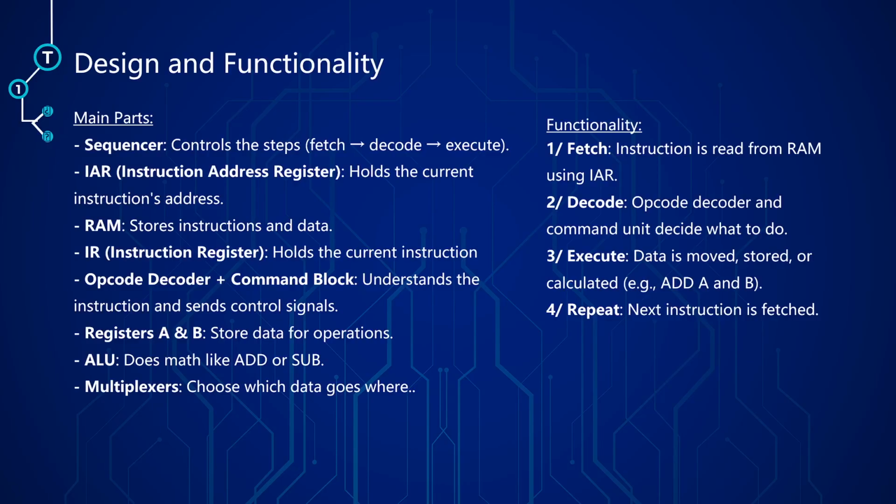The control unit is made up of the main parts: sequencer, instruction address register, RAM, instruction register, opcode decoder, command block, registers A and B, ALU, and multiplexer. Its functionality is performing the three main phases of the CPU, which are fetch, decode, and execute, and repeating once the execution ends.